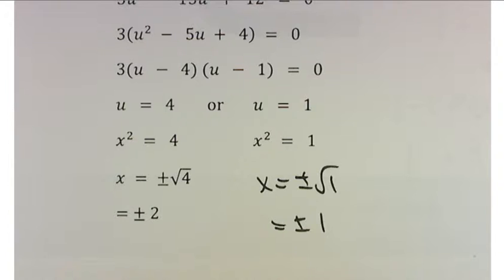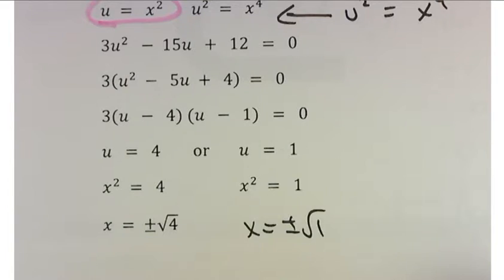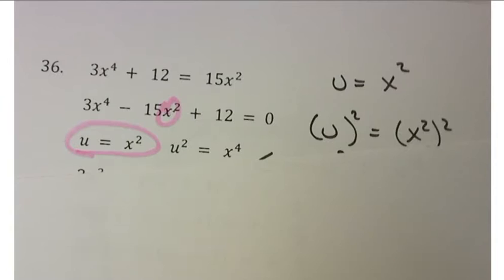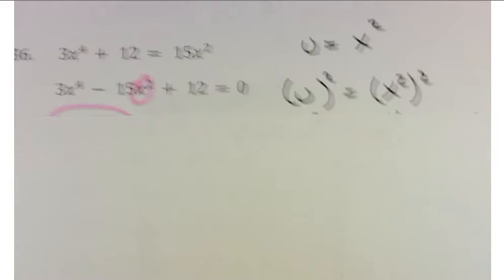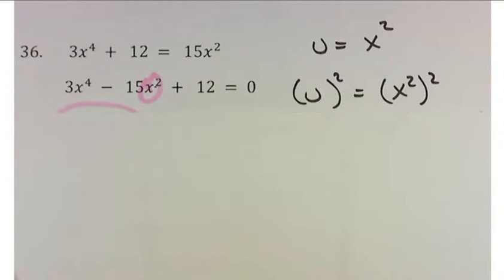Sure, absolutely. All right. So the thing that we're going to do with our equations that are quadratic in form is that because sometimes factoring these things and working with these things is going to be difficult, we're going to trick our equation. We're going to trick it into thinking it's actually a quadratic equation.